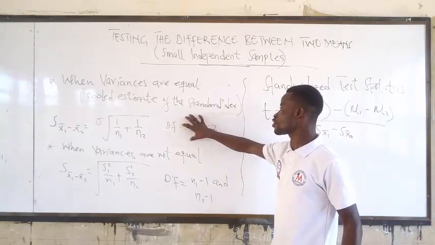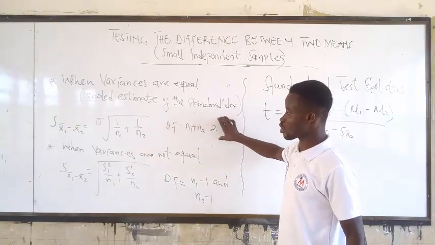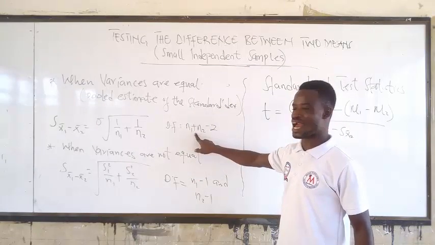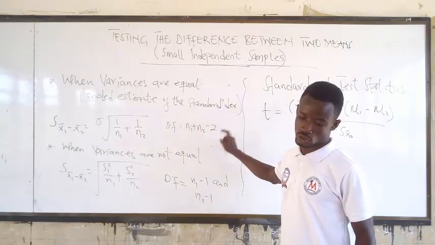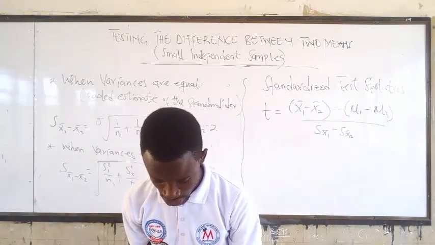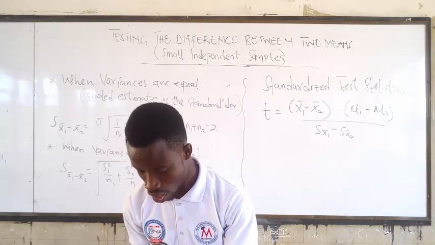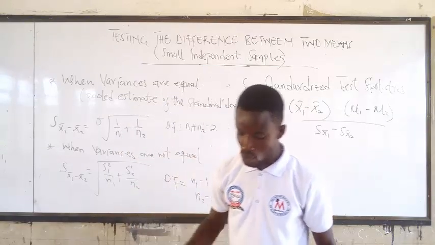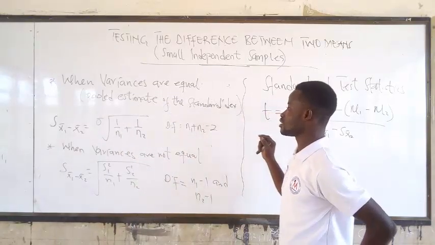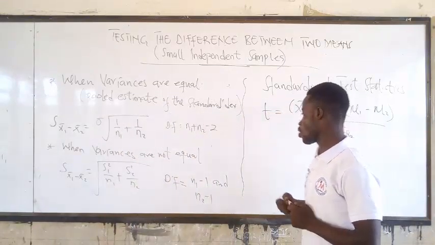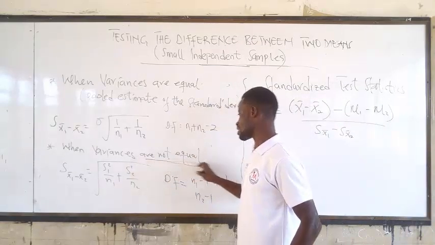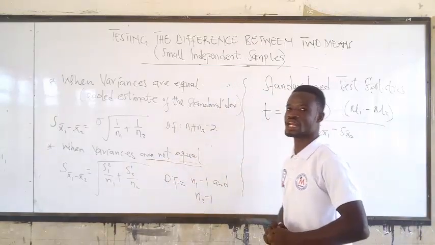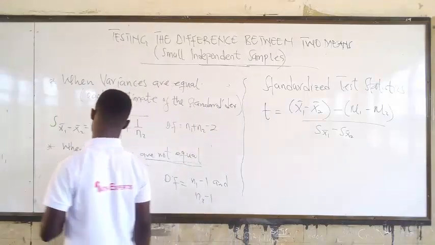And the degrees of freedom you are going to use is also this: n1 plus n2 minus 2. And that is what it is going to be. Alright, so now let's look at when variances are not equal. Alright, so let's look at that.